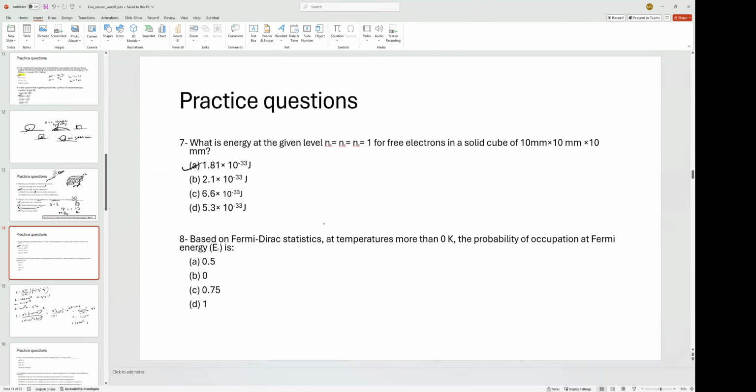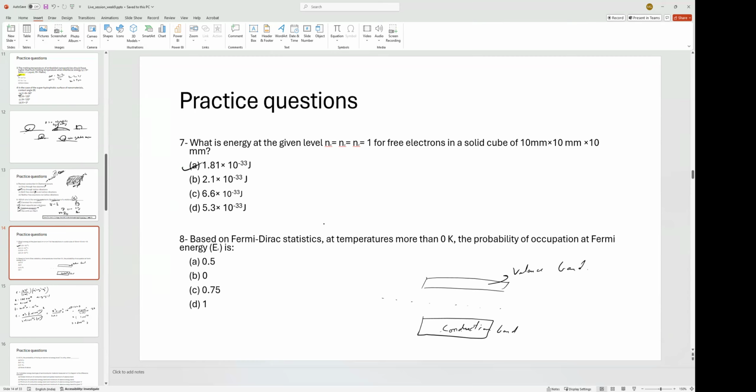Based on Fermi-Dirac statistics, at temperature more than 0 Kelvin, what is the probability of occupation at the Fermi level EF? So your conduction band, valence band, somewhere in between.